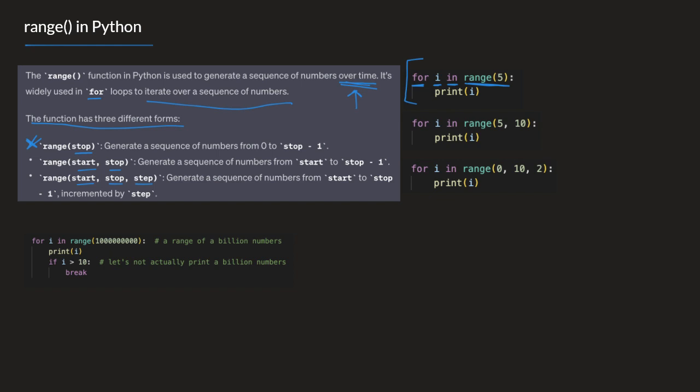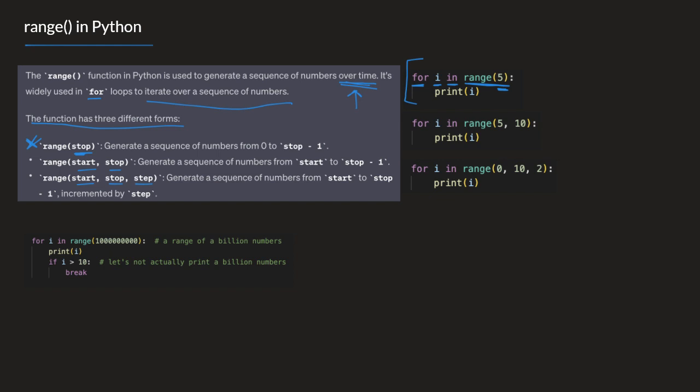We pass in one argument, 5, and Python sees one argument, so that argument is a stop argument, and we're going to generate a sequence of numbers from 0 to stop - 1.